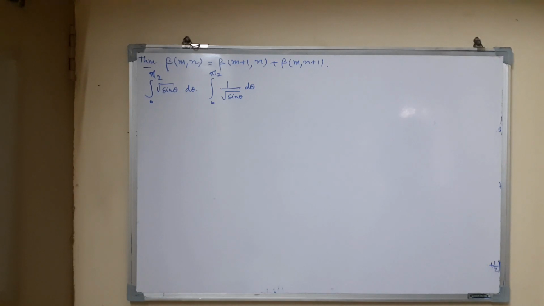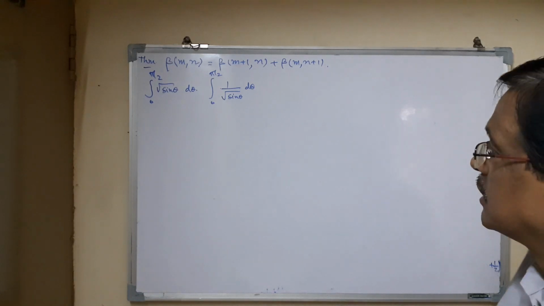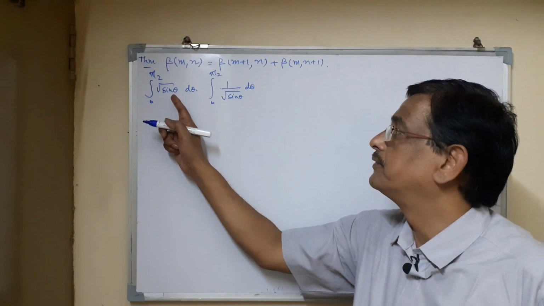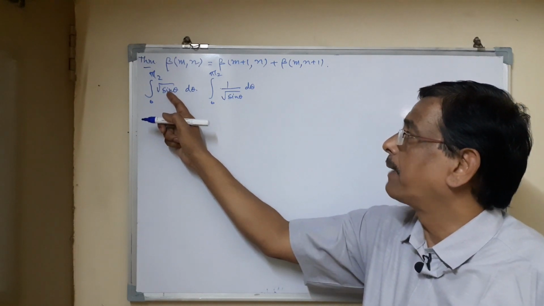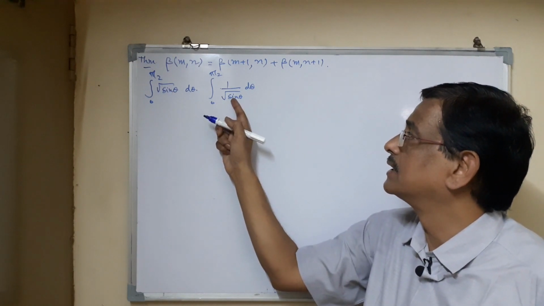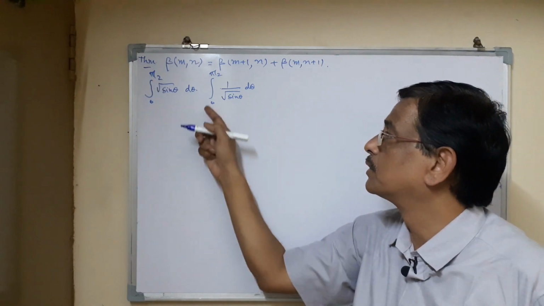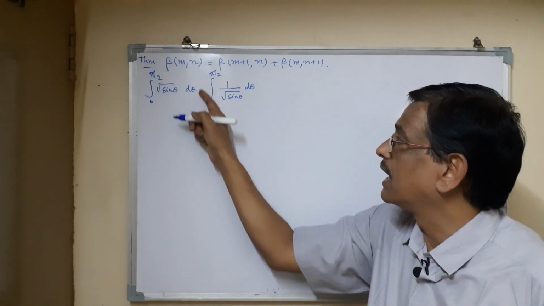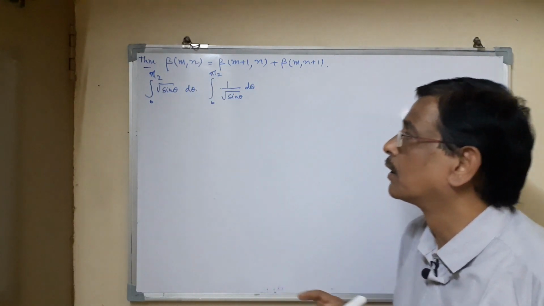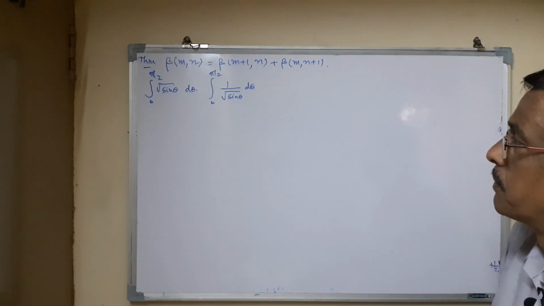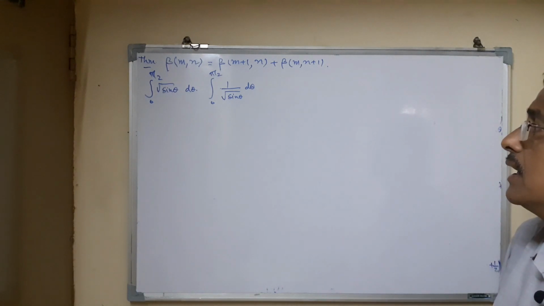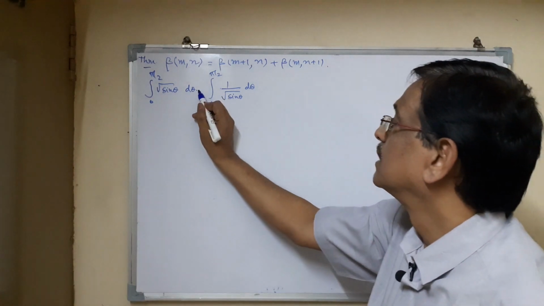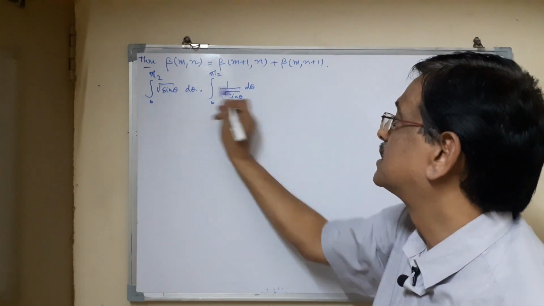At this point of time, I have to clarify one thing. Don't get confused by multiplying root sine theta, because the limits are 0 to pi by 2. If it is plus, you can add under the same integral 0 to pi by 2. But at this point, it is not correct. You have to do it separately.